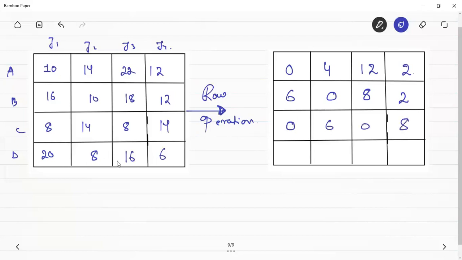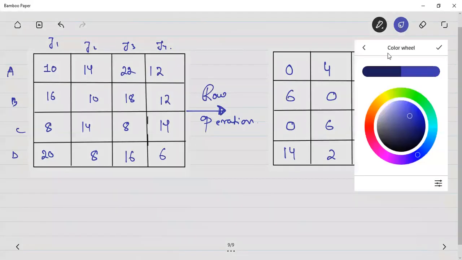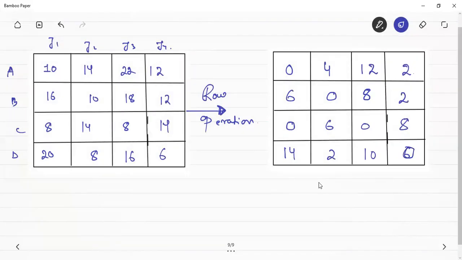And for the last row, the least entry is 6. Therefore, 20 minus 6, and we will have 6, 0, 6, 0, 6.